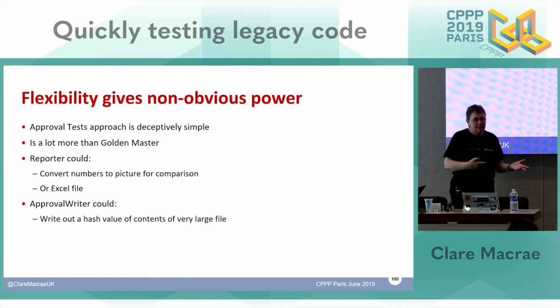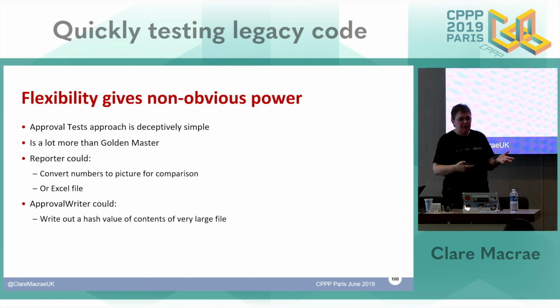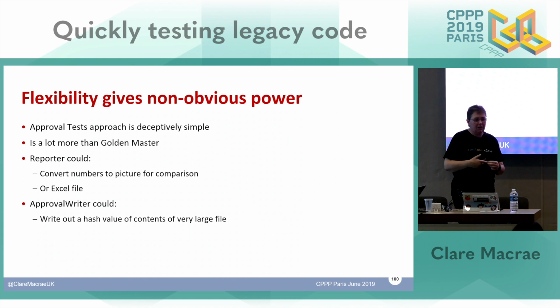So I think the thing for me is I've mentioned this is a flexible library and it's a powerful library, but in a lot of ways the power is non-obvious, and that can be the hard thing about spotting ways to use it. But it's way, way, way more powerful than Golden Master.